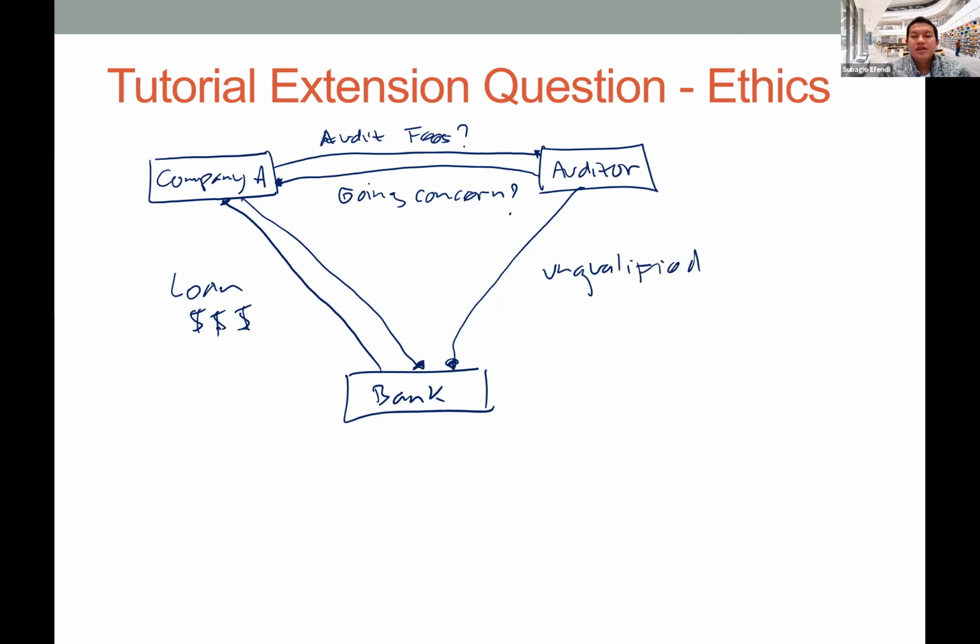So it's basically saying that the financial report is okay, with no material misstatement.